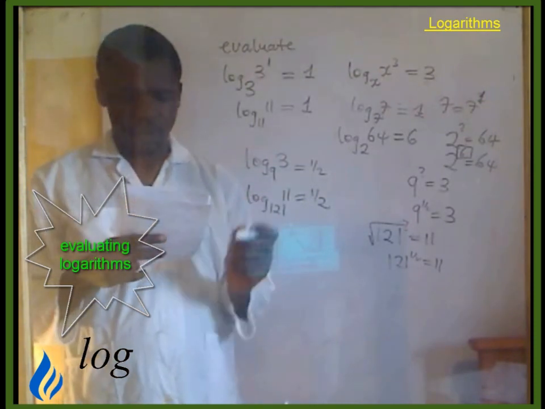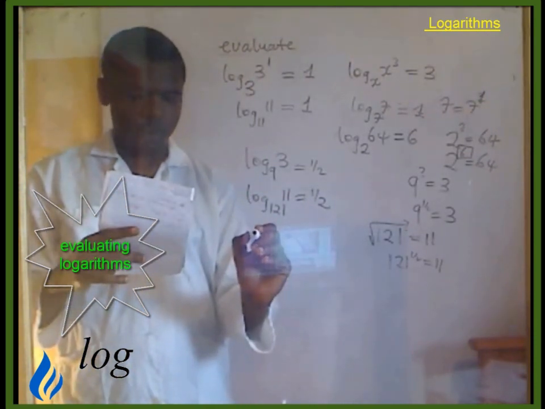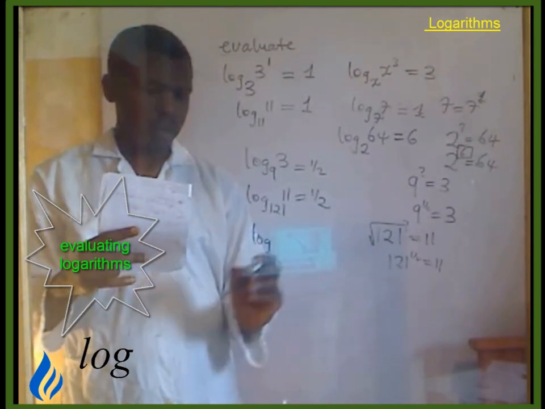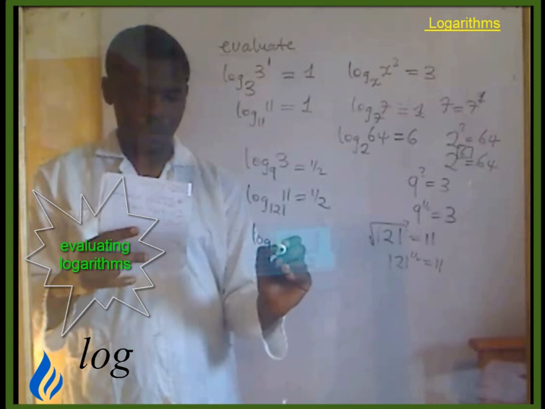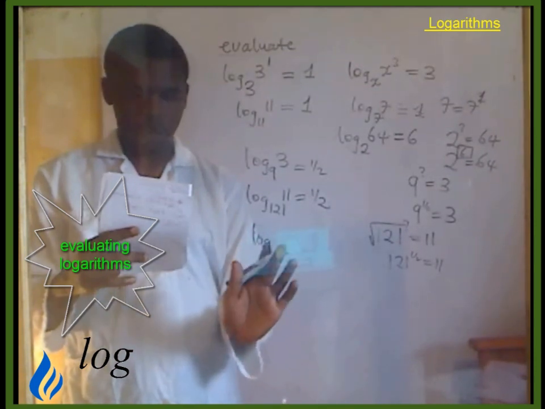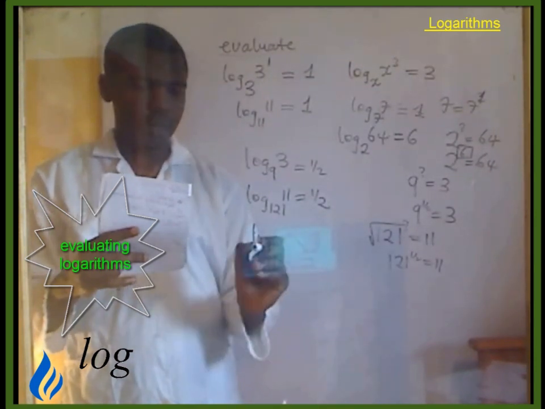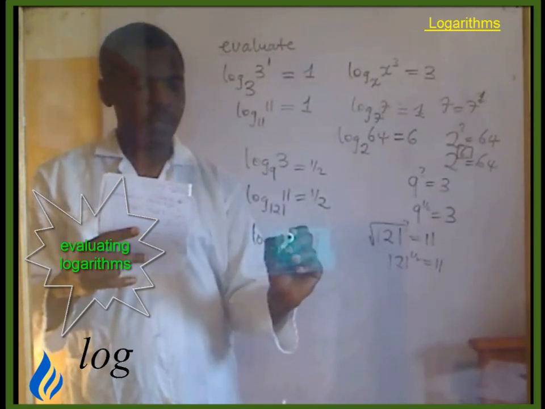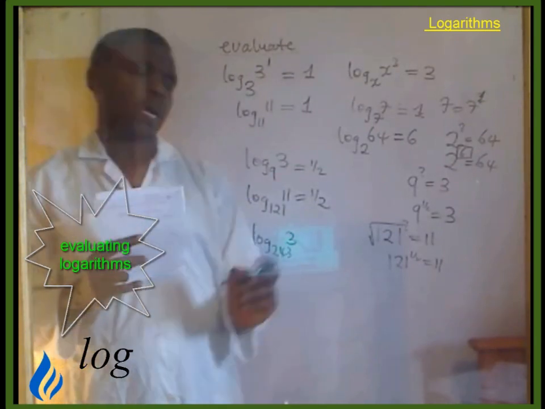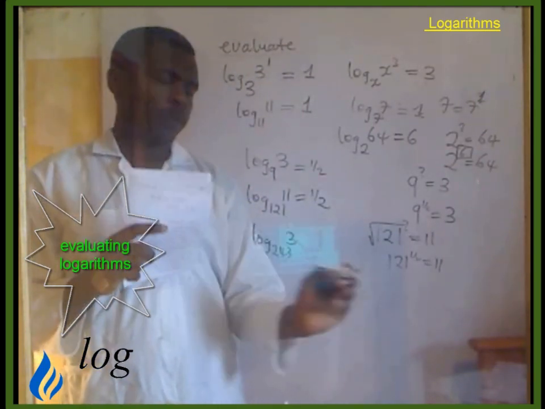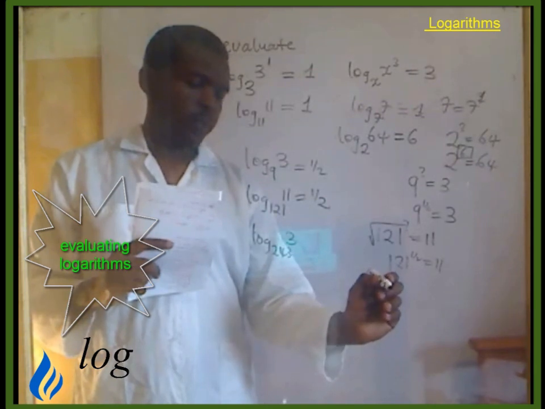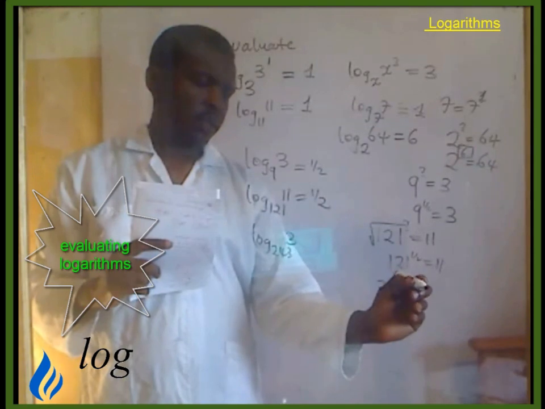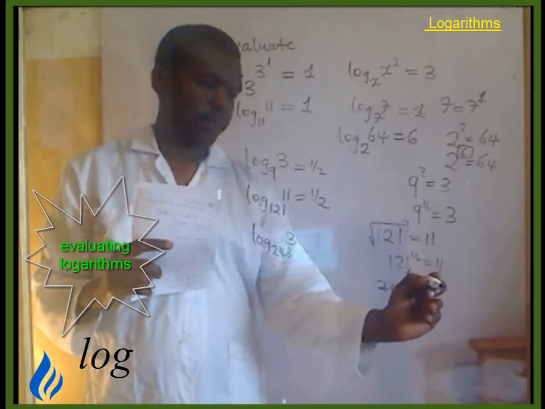Let's look at this. Log to the base 243 of 3. Now let's appreciate this in index form. 243 is raised to which power for us to have 3?